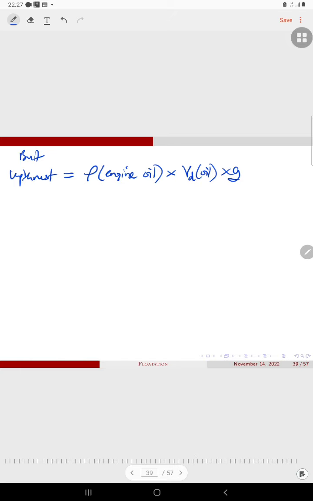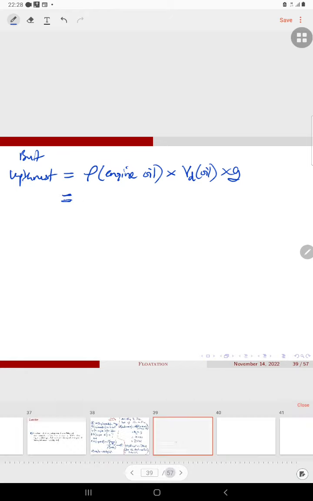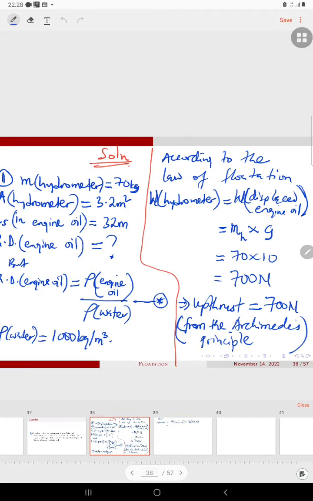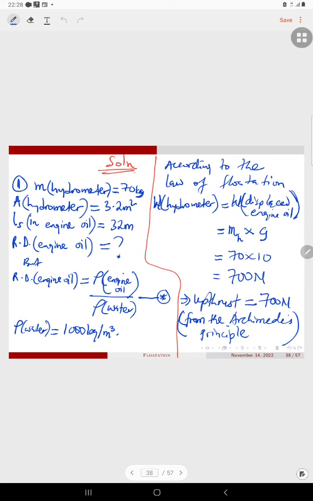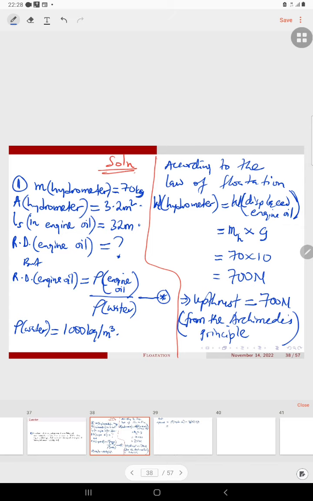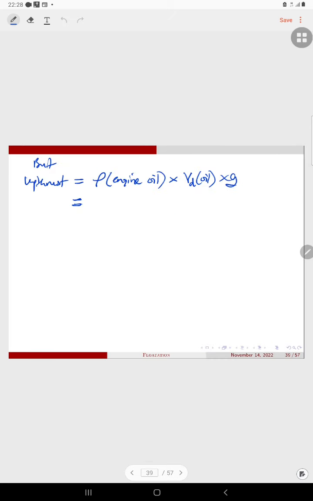Here we know the cross-sectional area and we know the length of the submerged part in the oil. So our work is almost done. Look at this information we have here. We are given this and this. So I won't use this formula. I will use this formula.